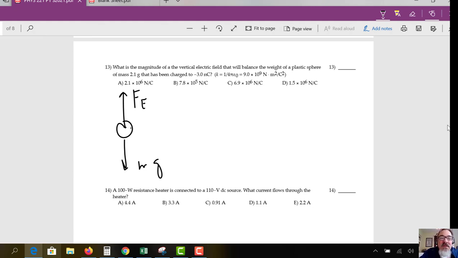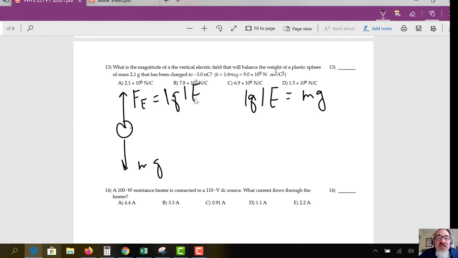The weight is mg, the electrical force is Q times E, magnitude of the charge. So those are actually equal to each other. Electrical force equal to the weight, mg.